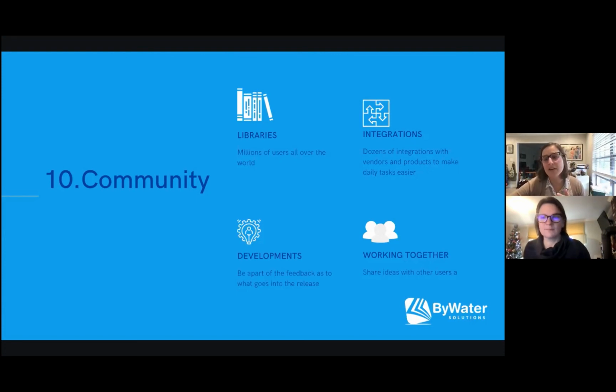Integrations, there are dozens and dozens and dozens of integrations with vendors and products to make your day-to-day workflows smooth. So whether you're integrating a self-checkout or a discovery layer or one of your e-content providers, Koha can work with those to make sure that there is a smooth transition through all of the integrations with those outside vendors.